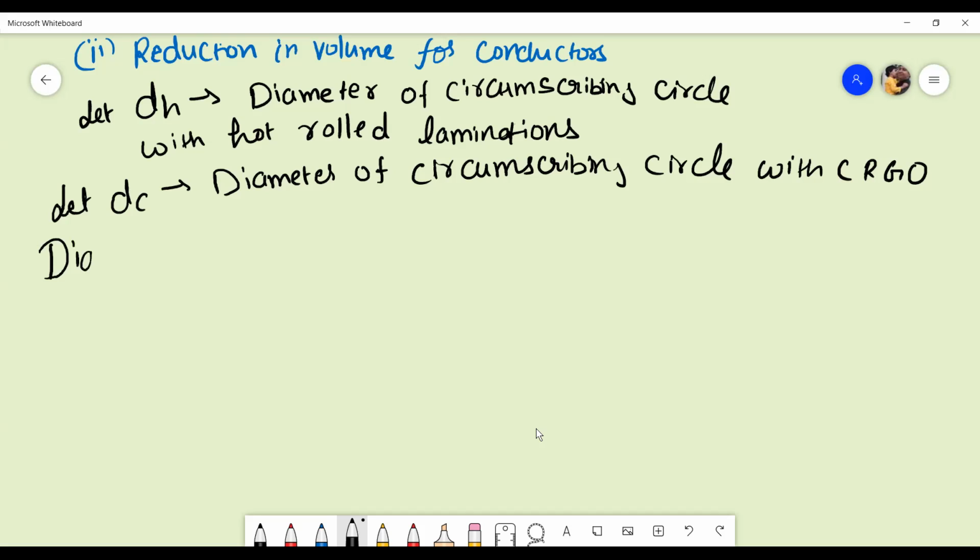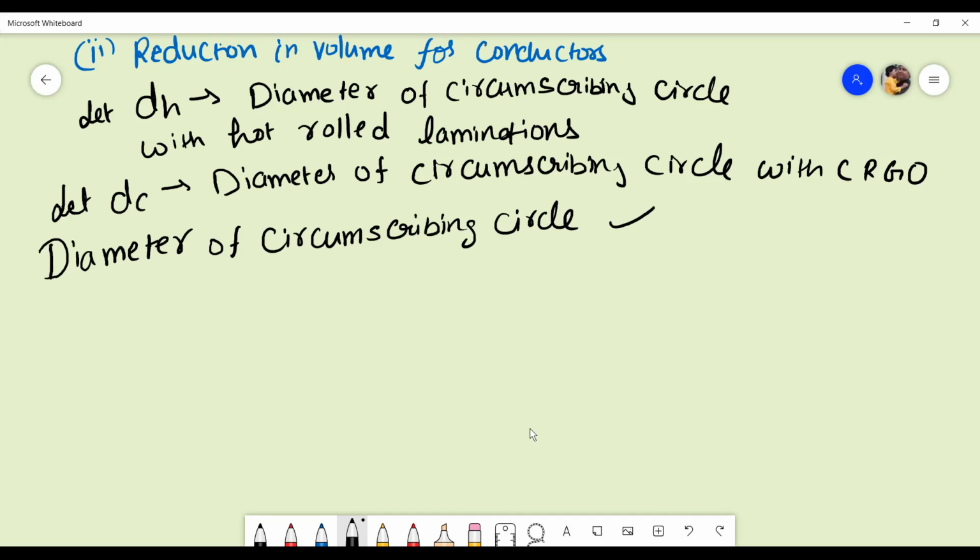The diameter of circumscribing circle is actually proportional to the root of the area of the iron. AI is the area of the iron.